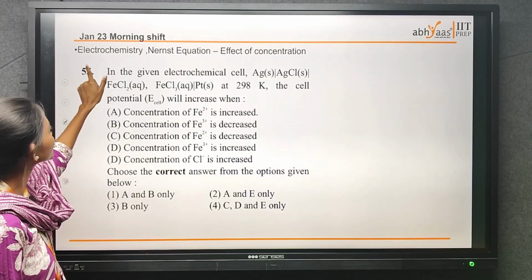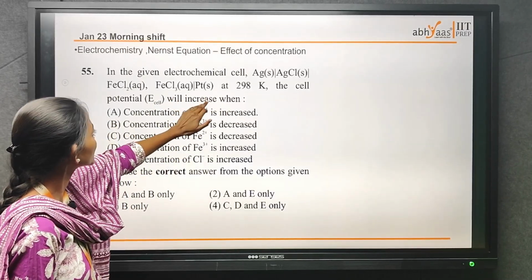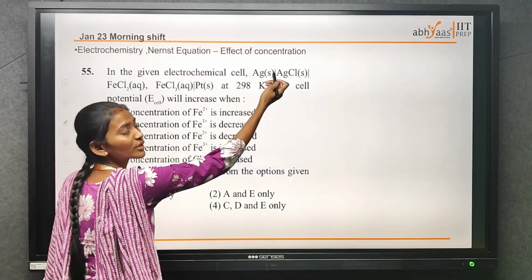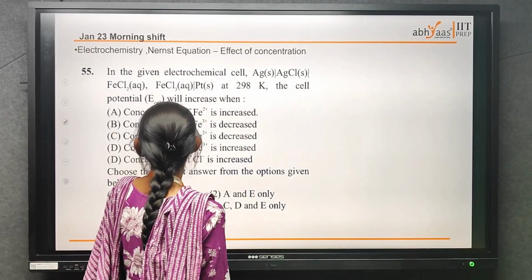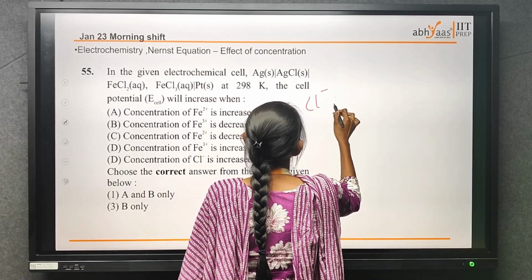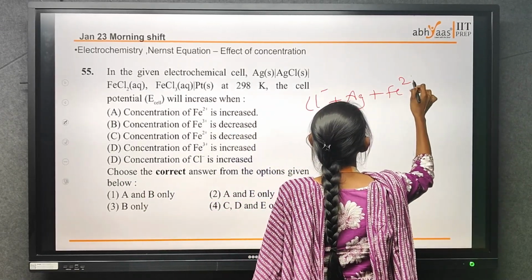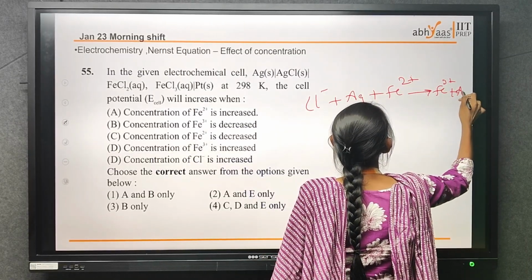Moving on to the next question. This question is asked from electrochemistry. In the given electrochemical cell, they are giving that at 298 Kelvin, the cell potential will increase. See, silver is going to silver chloride and ferrous is going to ferric. Let's see here the reaction: Cl minus plus Ag plus Fe2 plus, right? We are getting Fe3 plus and AgCl.